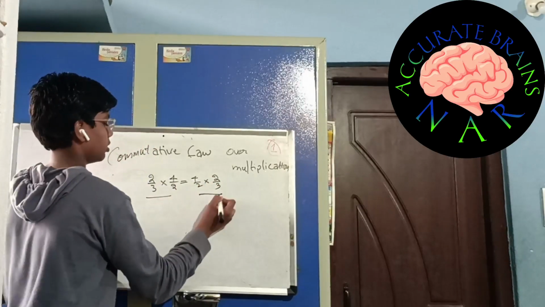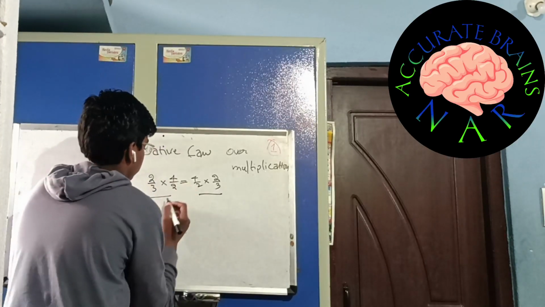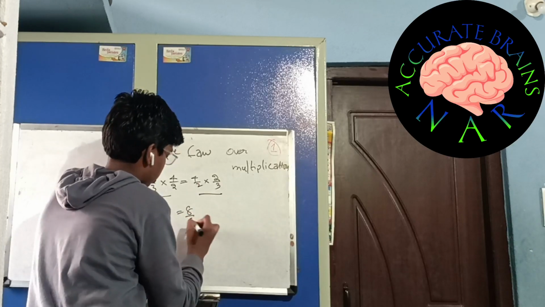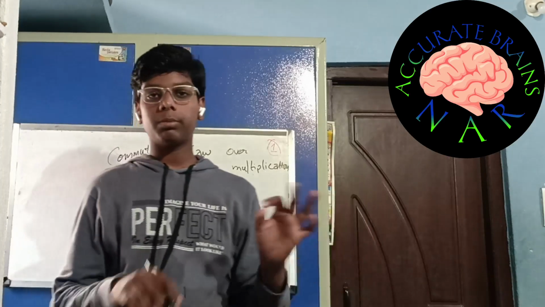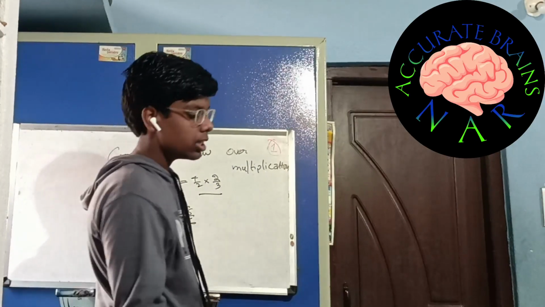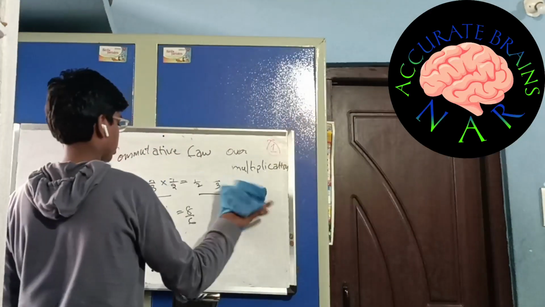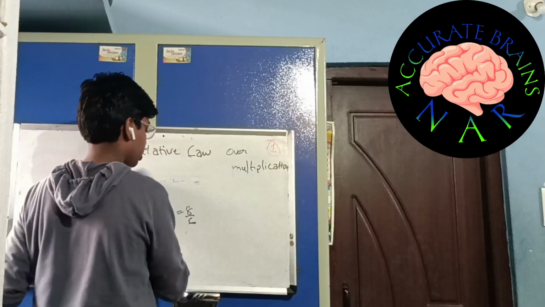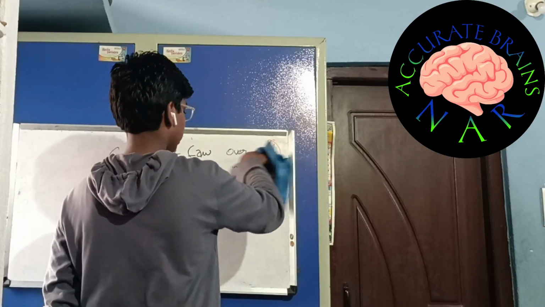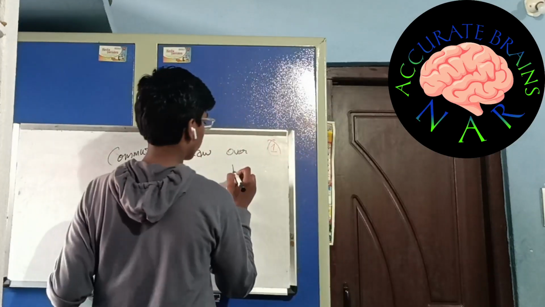You can notice that they are reversed and flipped in order. So we will get 8 by 6 equal to 8 by 6. Over multiplication, commutative law is satisfied. Commutative law over multiplication is finished, and now going to the commutative law over division.